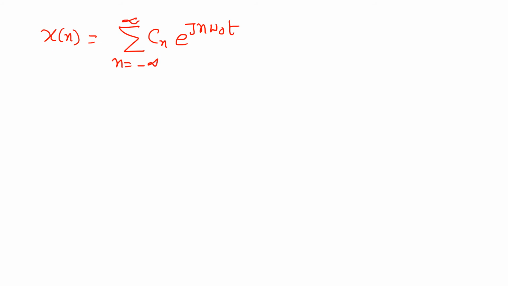We can rewrite this in this form: first C0, plus, we can combine these two, C1 e to the power j omega naught t plus C minus 1 e to the power minus j omega naught t. These two are for n equal to 1 and n equal to minus 1.